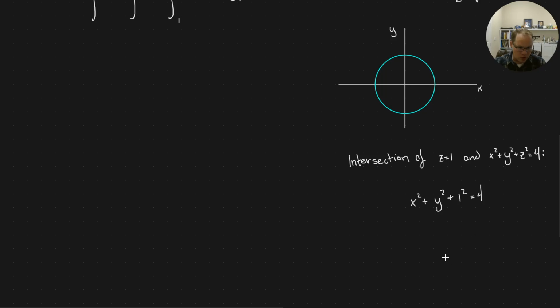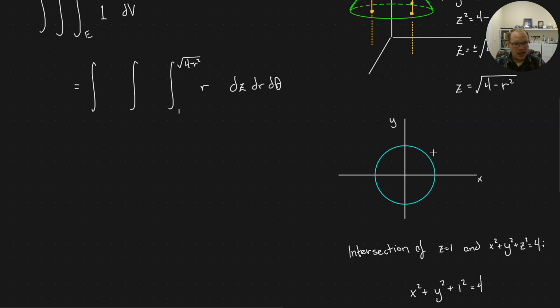Subtract the 1, x squared plus y squared equals 3. Let's convert it to our polar coordinates, our cylindrical coordinates. x squared plus y squared becomes r squared, which means r is going to be equal to the square root of 3. Okay? So the radius of this circle is r equals root 3.